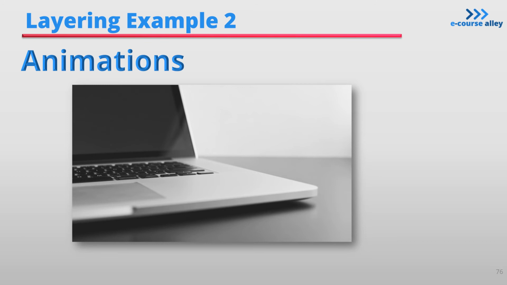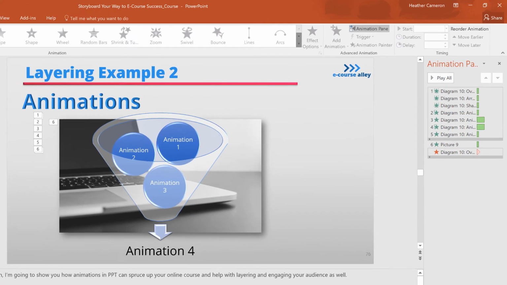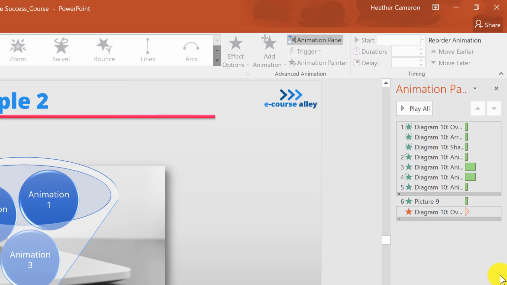So let's back out of the presentation again, and I'll show you how I set this up at the back end. So now looking at the animation pane again over here on the right, you can see that this first set of animations is for the funnel diagram. So number 1 here, these are all the funnel diagram. I set the image of the funnel to fade in. There are 3 components here, so once I click, the other 2 components start with the previous one.